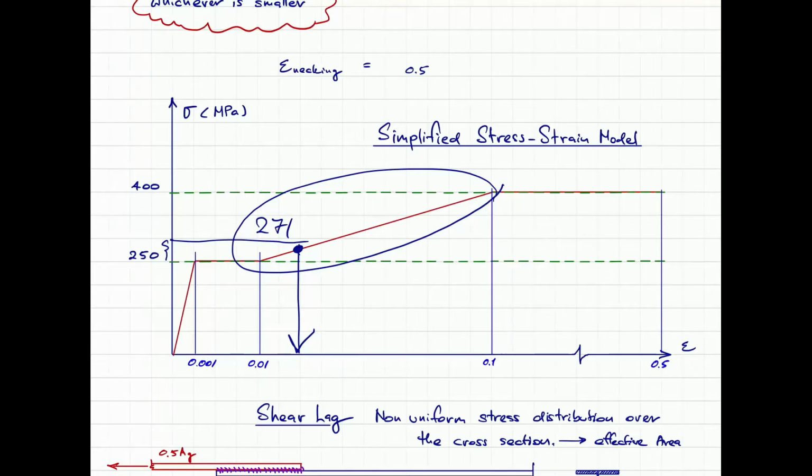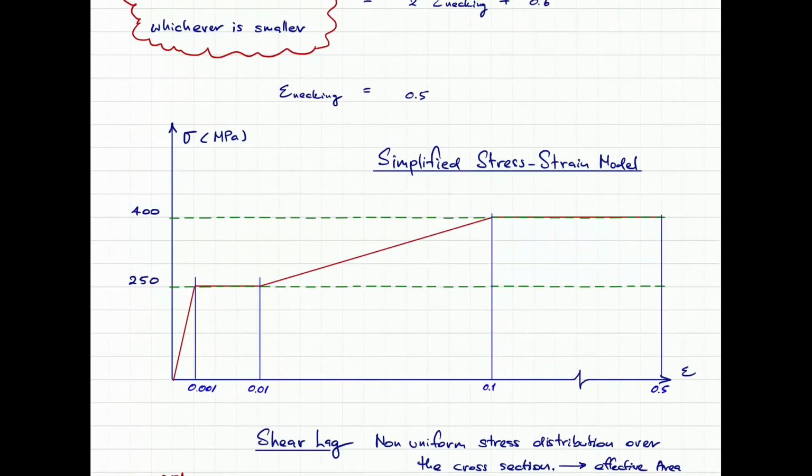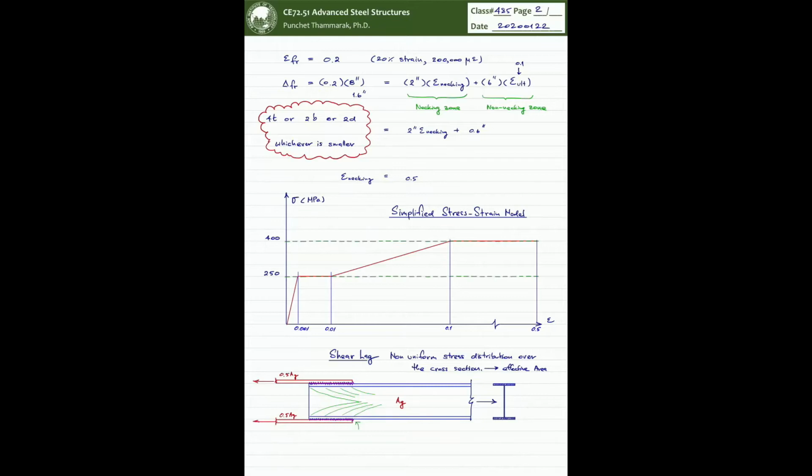This is a triangle. So the question mark minus 0.01 divided by 271 over 250 is going to be equal to 0.1 minus 0.01 divided by 400 minus 250. Okay, let me clean up this first and be writing that down over there.